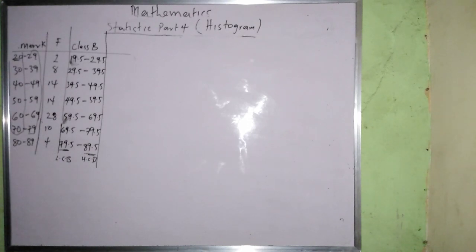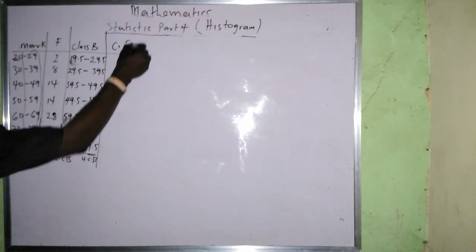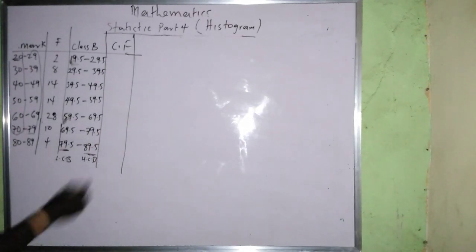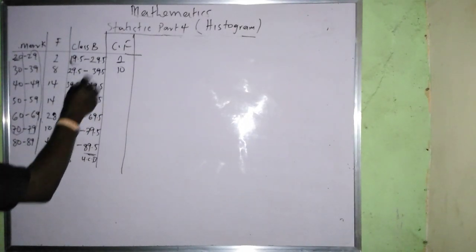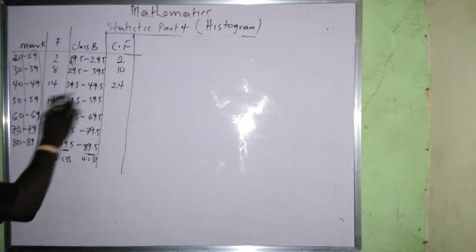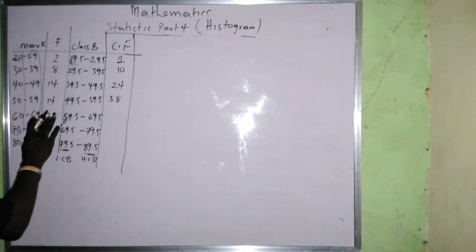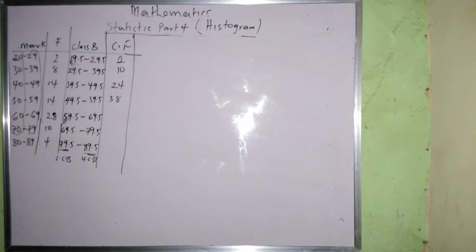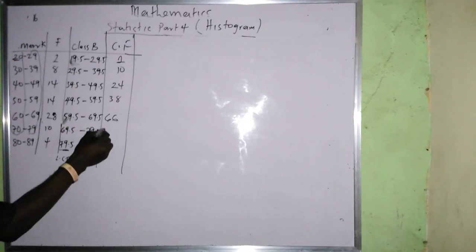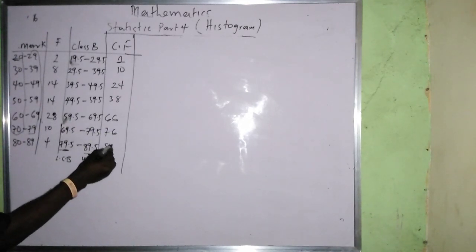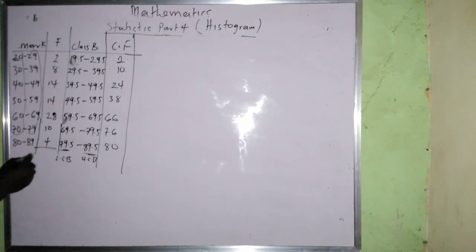My cumulative frequency is 2, 10, 24, 38, then 66, then 66 plus 10 is 76, and 80. It means the sum of my frequency is 80.